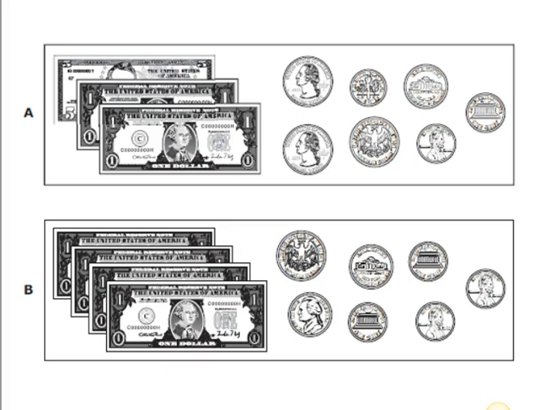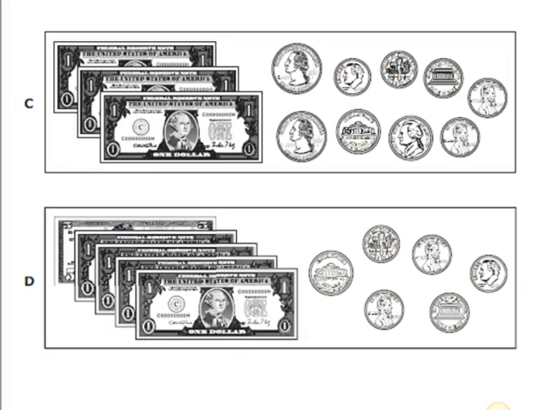Now let's take a look at answer choices C and D. Based on the money that is in all of those answers, are there any answer choices you see that are wrong that can be crossed out?